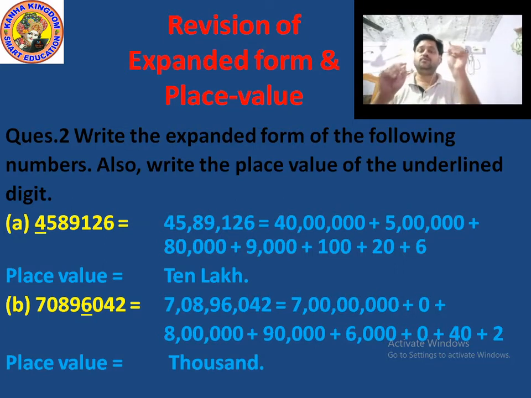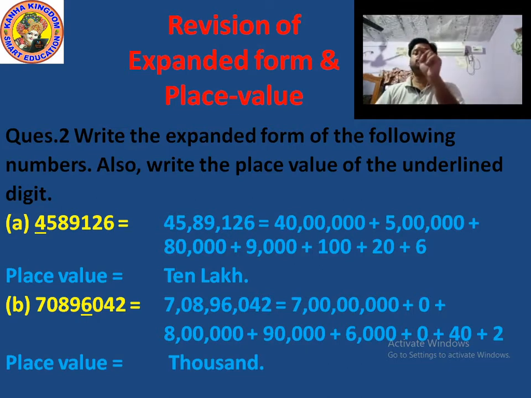Yes, like this: 40 comma 00 comma 000 plus 5 comma 00 comma 000 plus 80 comma 000 plus 9 comma 000 plus 100 plus 20 plus 6. This is the exact way of expanding the number.